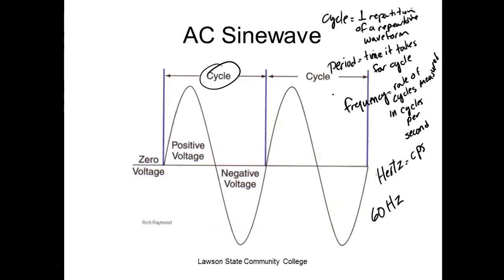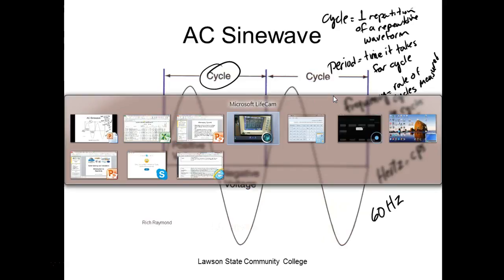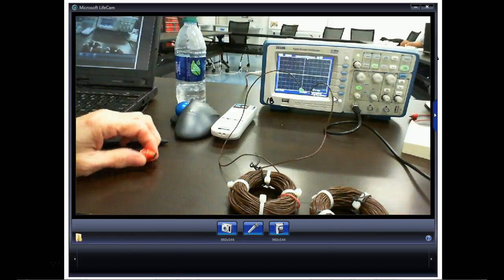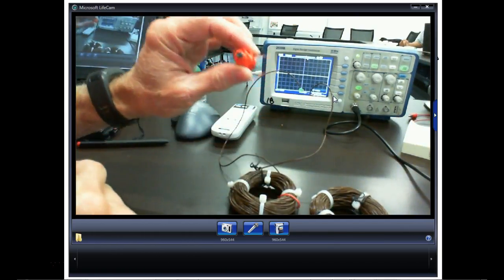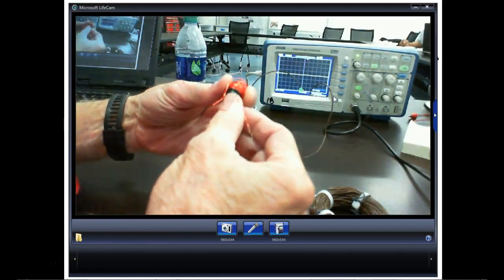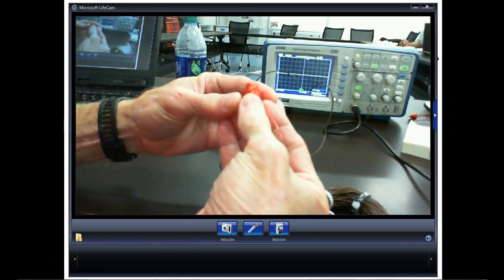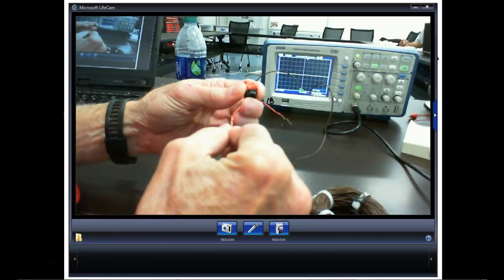So anytime we put current through a conductor, we create a magnetic field. And if we can concentrate that field, then it helps out a lot. So this is nothing but a metal screw or bolt, and I have a bunch of wires wrapped around it.